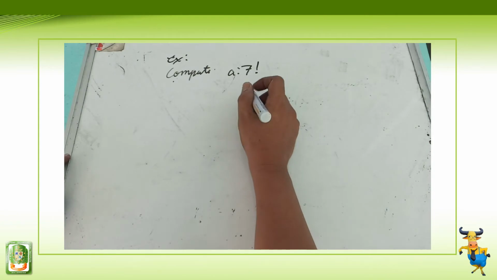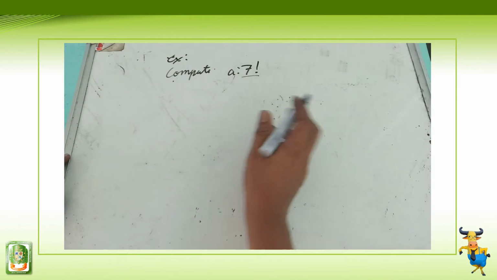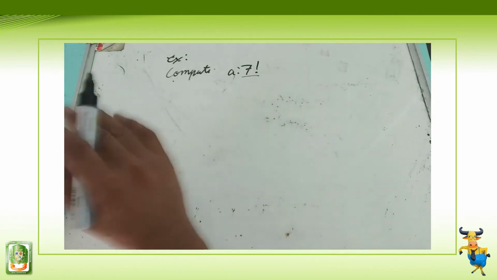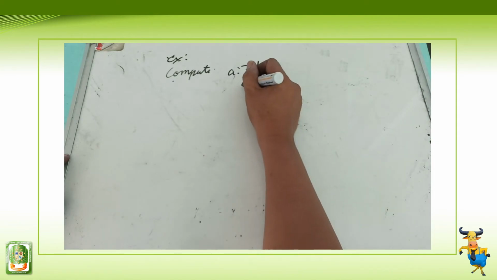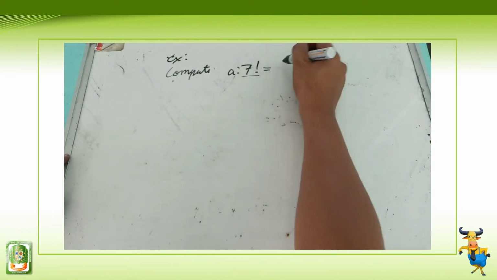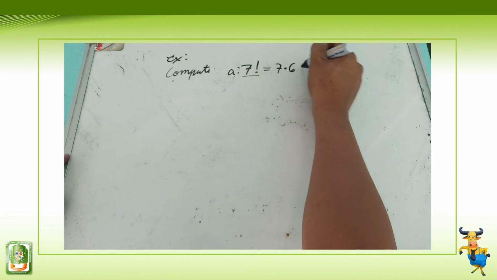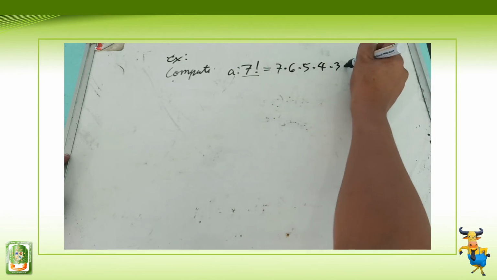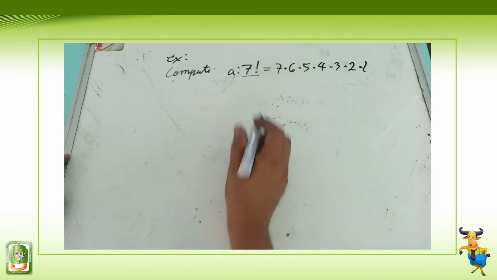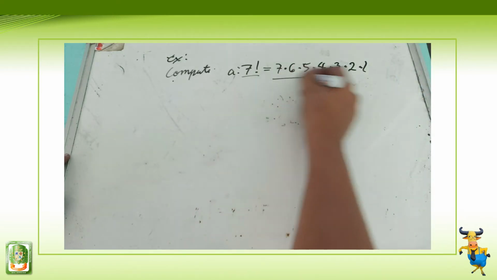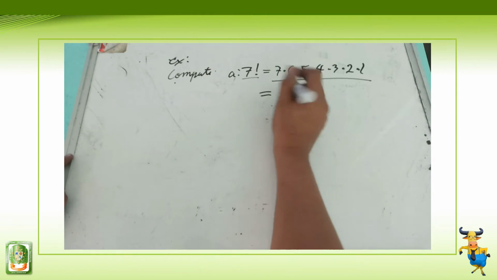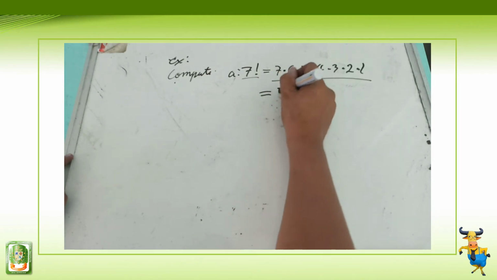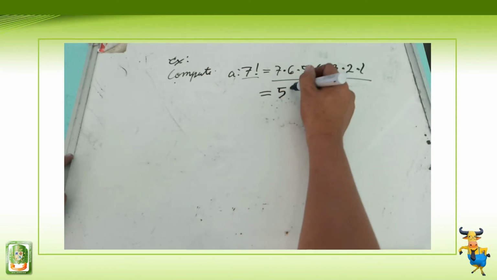So, in this case, pag sinabing ganyan, mamultiply natin siya pababa. So, 7 factorial is equal to 7 times 6 times 5 times 4 times 3 times 2 times 1. So, kung i-multiply natin lahat yan, is equal to 5,040.